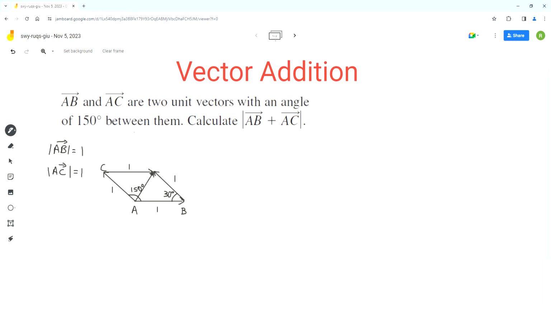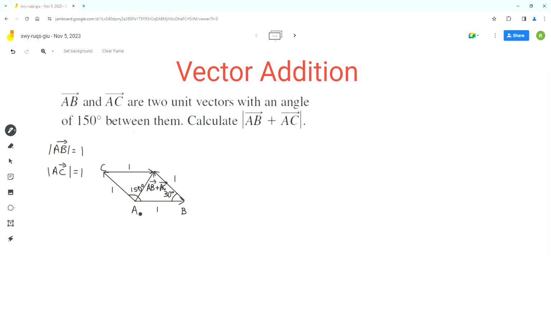So this side here represents AB plus AC. So this is a very important concept you need to understand and memorize about vector addition.